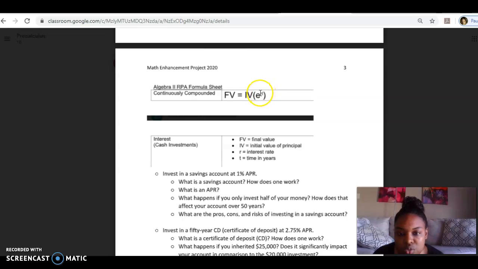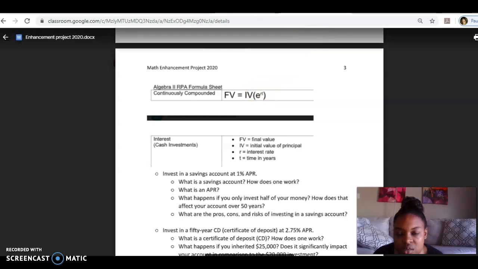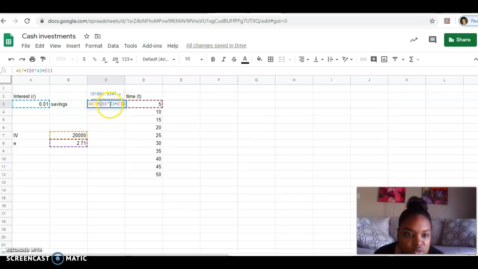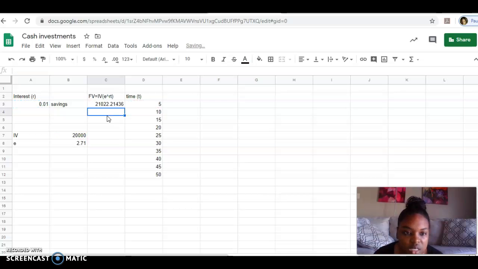So I want to make sure I put them together. The R and the T are together. So here I want to use parentheses around the A3 and the D3 so that it's establishing that all of that is a part of the exponent, and then click enter. So it changed the value to the correct number.